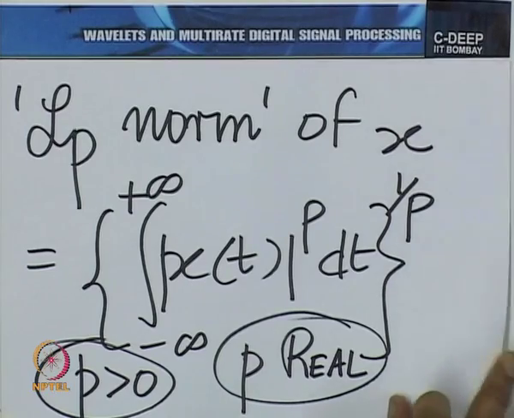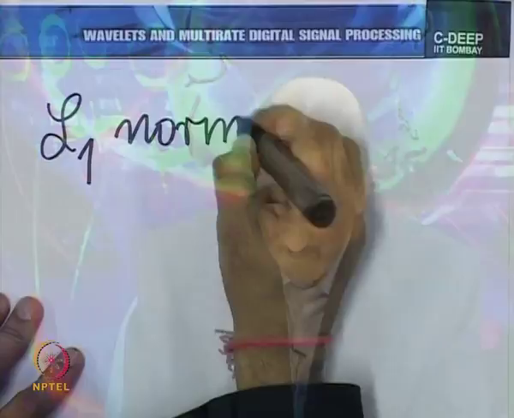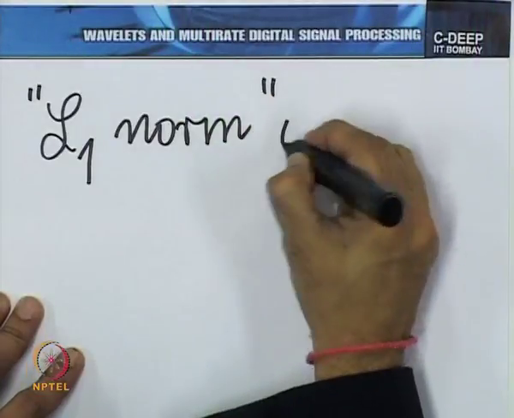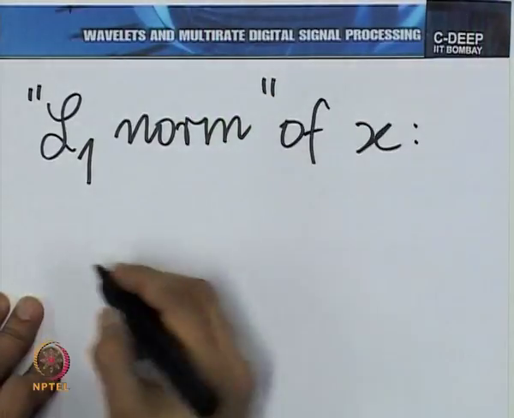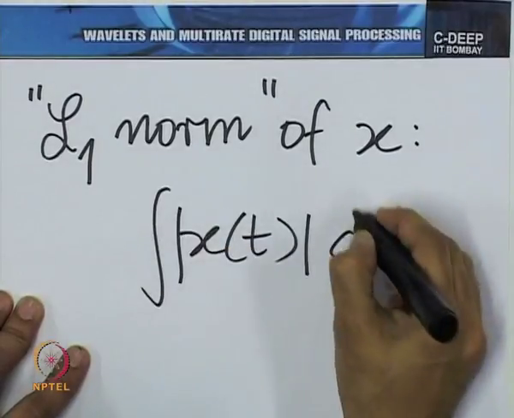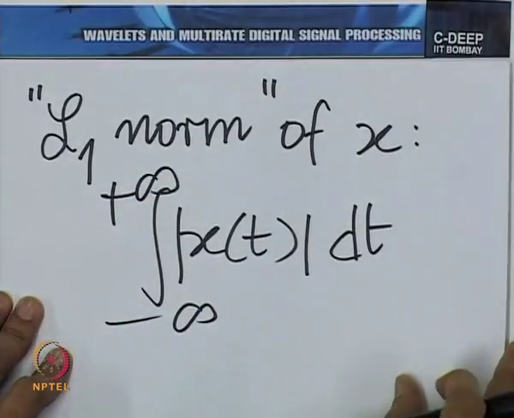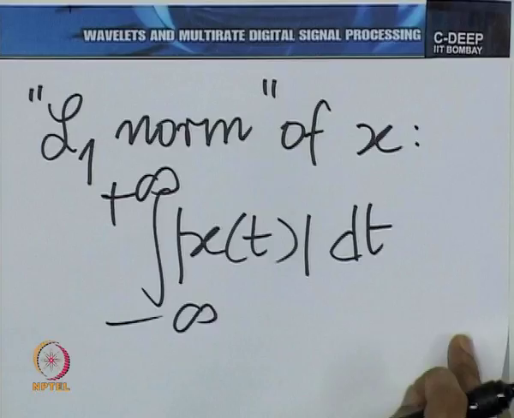What would an L infinity norm be? Let us take some examples. What would an L1 norm be? It would essentially be the integral of mod x t. The L2 norm we already know. What would the L infinity norm be?